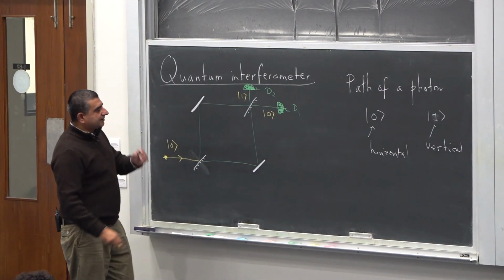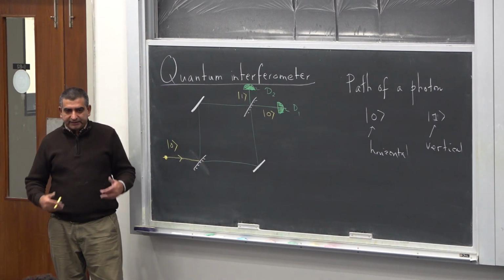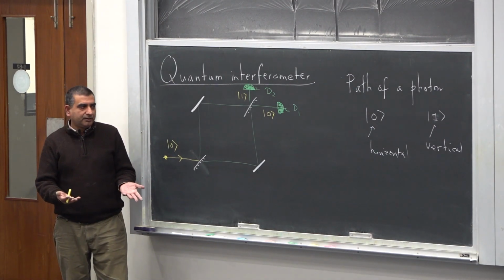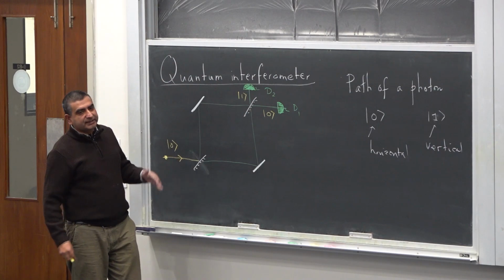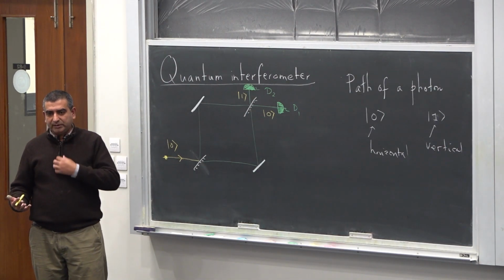So what we did next is that we defined the behavior of the beam splitters. We defined that a beam splitter does something to an input ket 0 and something to an input ket 1.